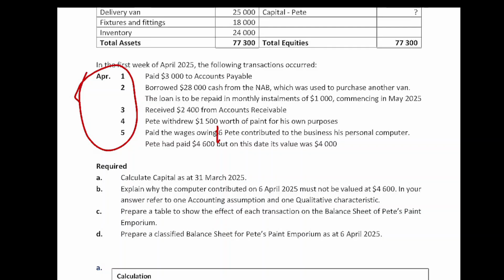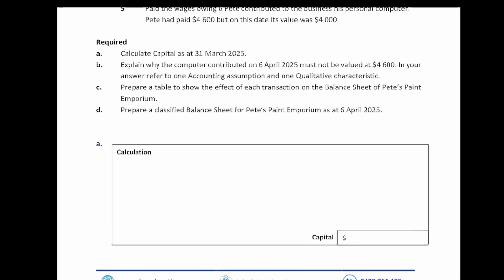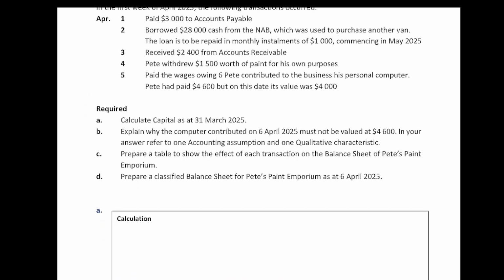Yeah, in the second transaction, April 2. Right, April 2, what happens? I'll do it here. So what do you do firstly?